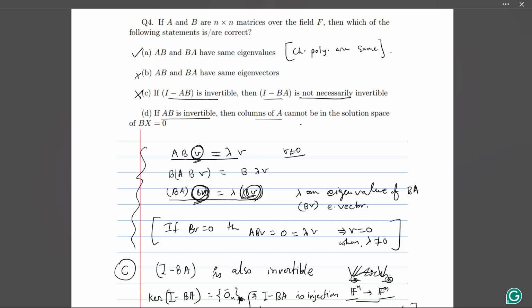Let's say A is written as column first, column second, like this, column n. Okay, this is your A. Then if they are in the solution space of B, what will happen?